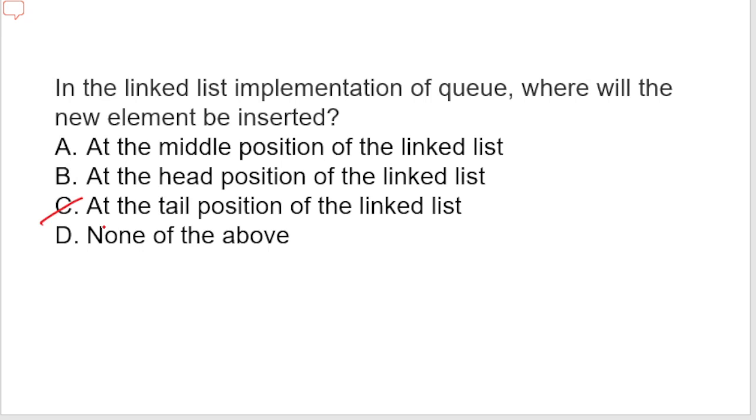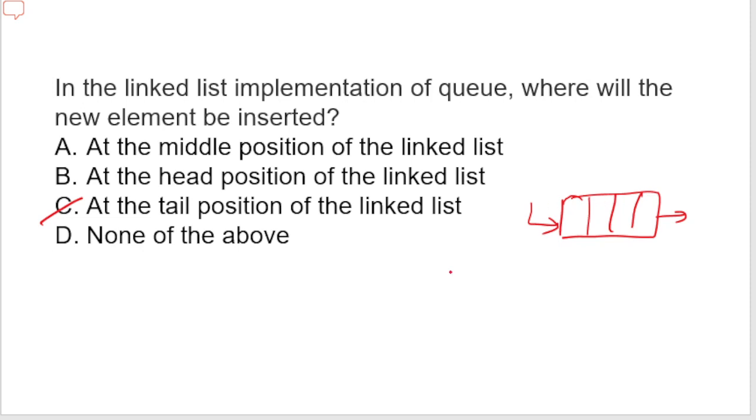If the queue is implemented using a linked list, then the new element will be inserted at the tail position of the linked list, as queue follows the FIFO principle, in which the new element will always be added at the end of the queue. So in a linked list, it is always added at the last.